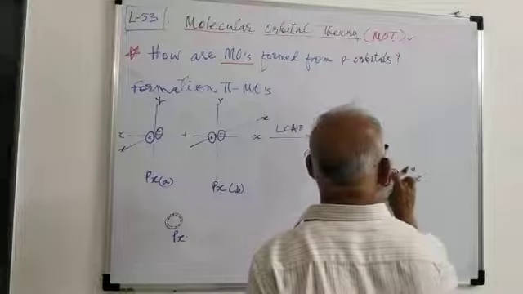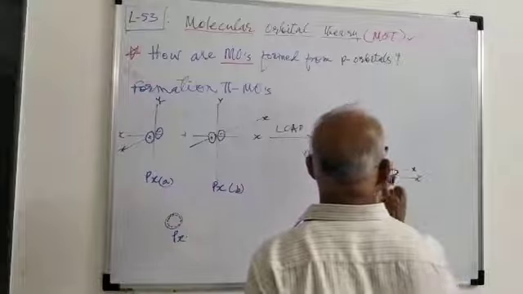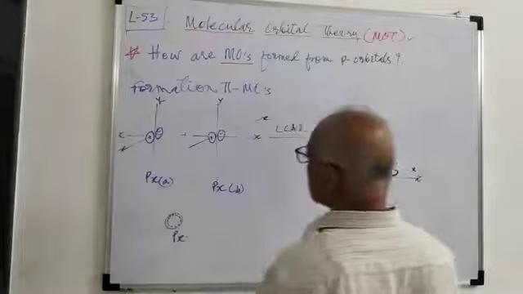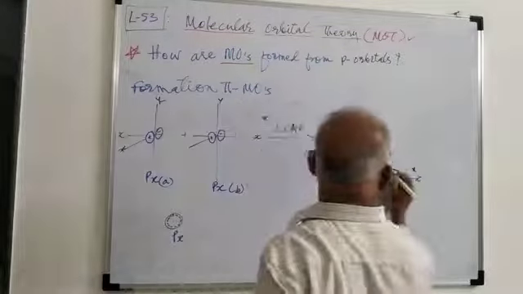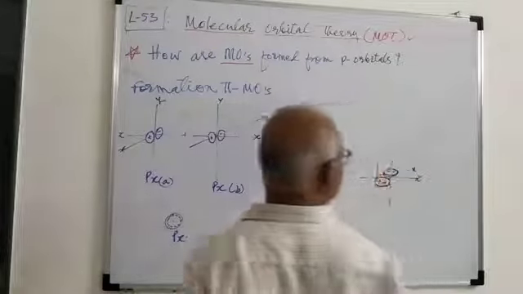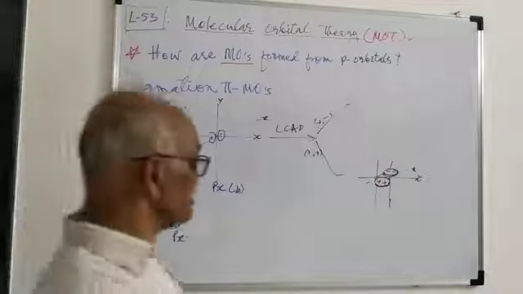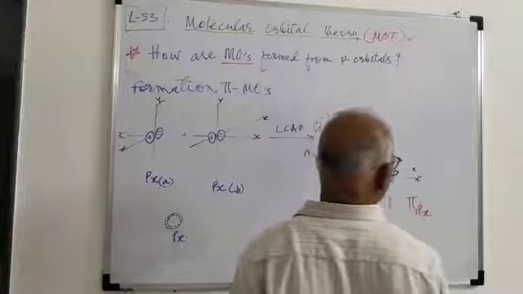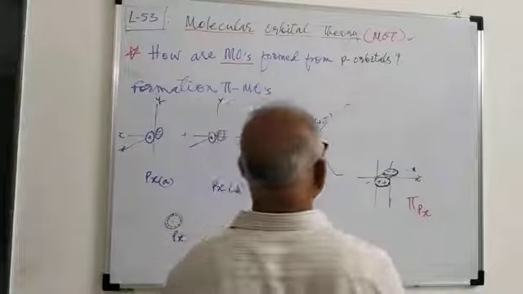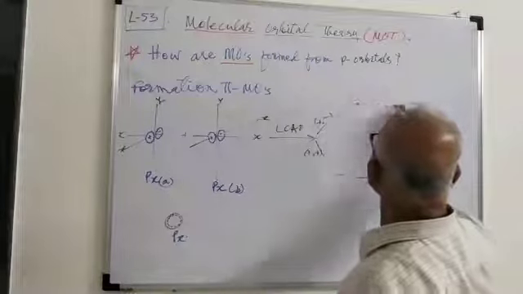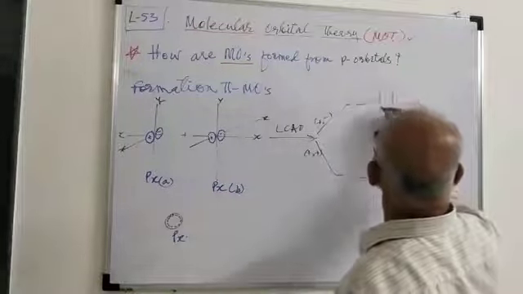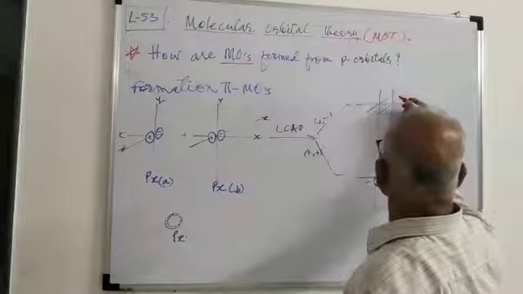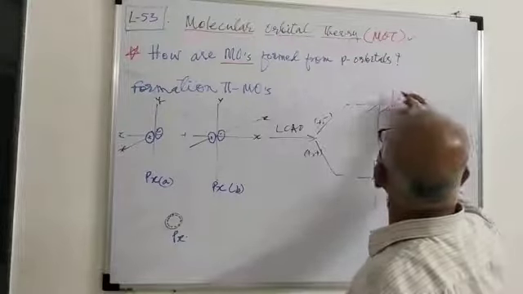So we'll have the signs of wave function. Say minus is on one side, plus is on the other side. So this will give us the pi px bonding molecular orbital. Similarly, because of the opposite signs of wave functions, we will get the atomic orbitals, which are oriented in this way.